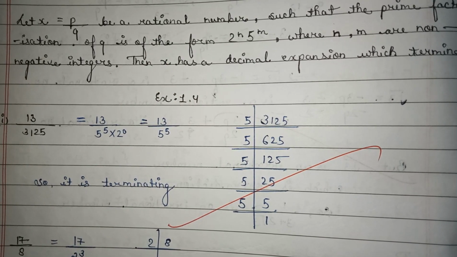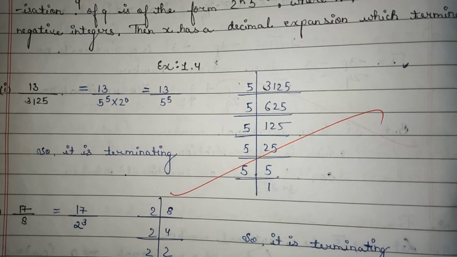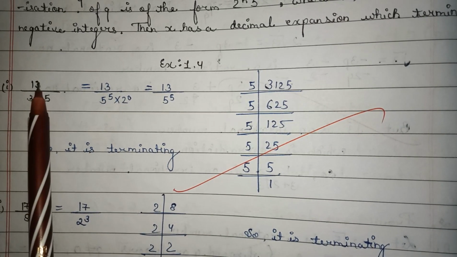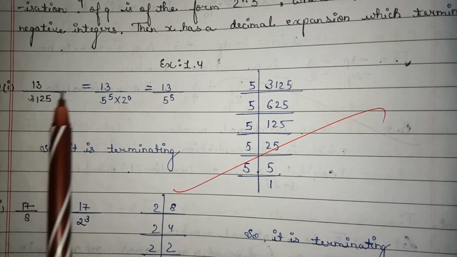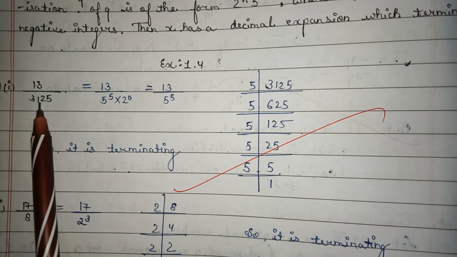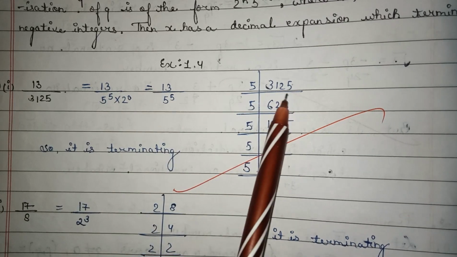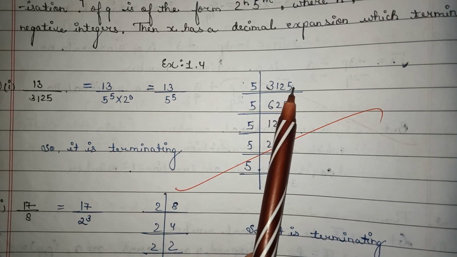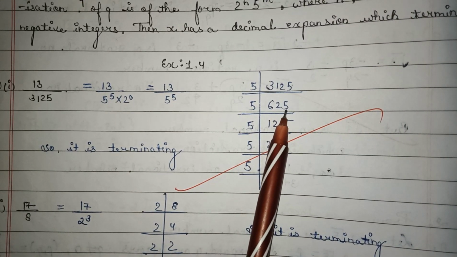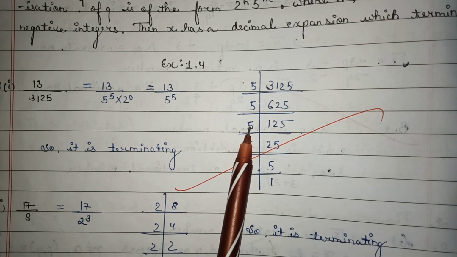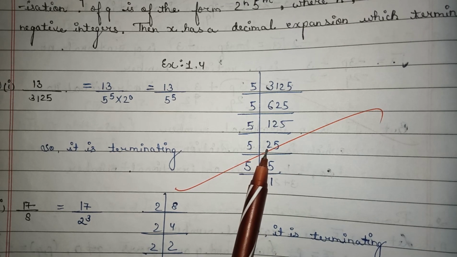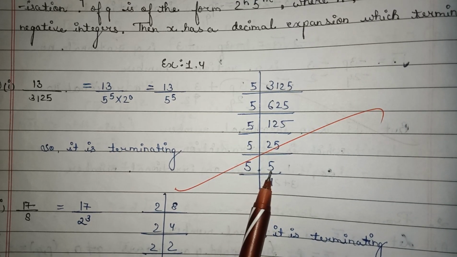Moving to the first question, first part, we have to find if 13 upon 3125 is terminating or non-terminating. As we know, we will have to find the prime factors of 3125. Firstly, this is divisible by 5, giving 625. Then this is again divisible by 5, giving 125. Then this is again divisible by 5, giving 25, which is again divisible by 5.